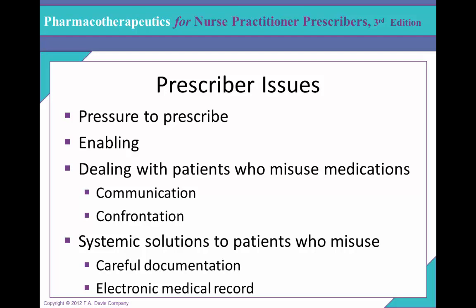Communication: try to deal with barriers to communication skills. You have to be able to identify scams. One strategy, again, is to say no. Avoid confrontation. Many times we do prescribe to avoid this type of confrontation with the patient.